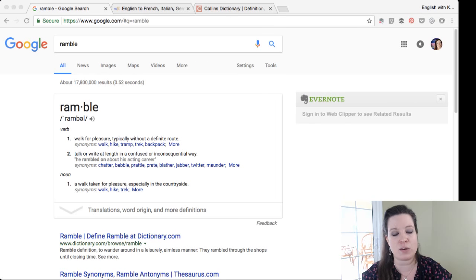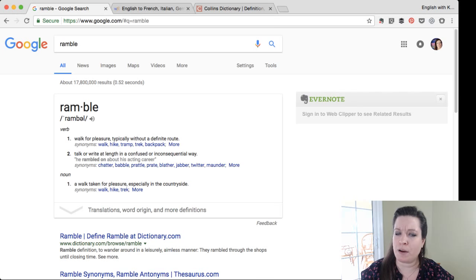Which definition is the one we were looking at for this example word? I'll give you a moment to think about it. Are we talking about walking, or are we talking about talking in a confused or inconsequential way? Although I don't particularly love this definition of the word ramble.